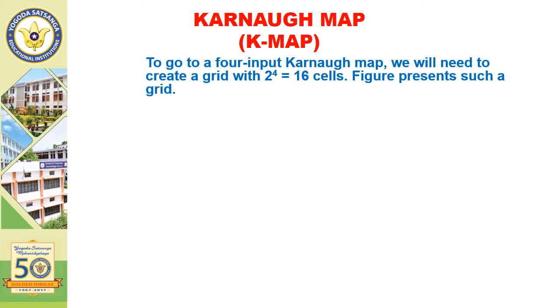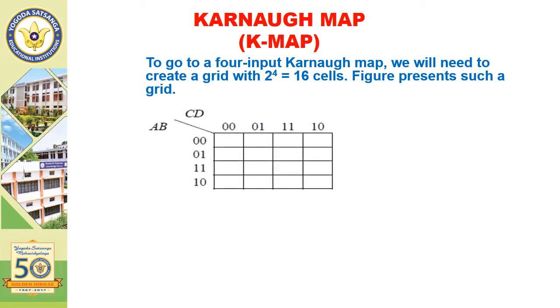Similarly, for 4 input variables, we create a grid of 16 cells as shown in the figure. A, B, C, D are the input variables. The values written outside the grid are 0 0, 0 1, 1 1 and 1 0.